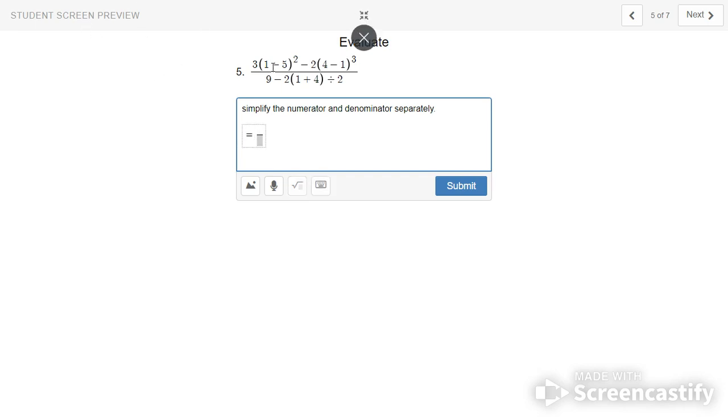Now, the numerator, we have to do our brackets first. So I have 3 times -4 squared minus 2 times 3 to the power of 3. I've done the subtraction that's in both brackets. Now, in the denominator, I have a set of brackets here too. 9 minus 2 times 5 divided by 2.